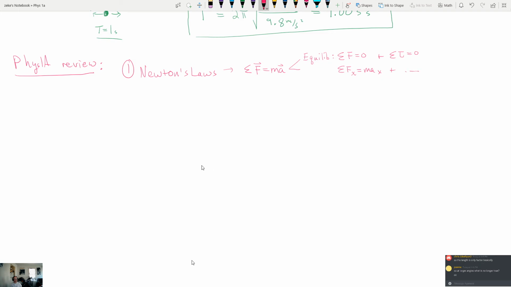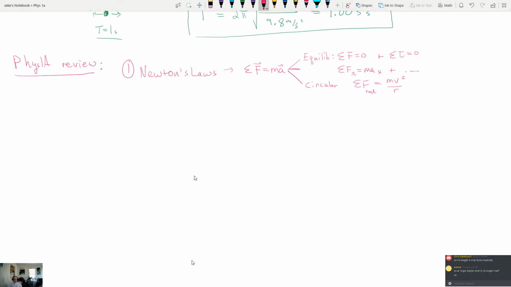Net force in the y direction is equal to ma_y. And then the last piece of it is circular motion. In circular motion, we basically say that the net force acting is equal to mv squared over r, as long as you look at the forces acting in the radial direction, right?